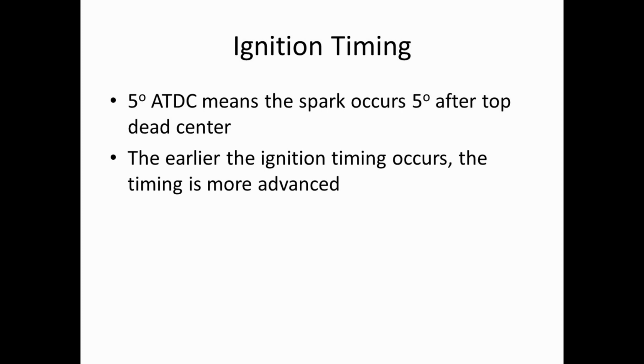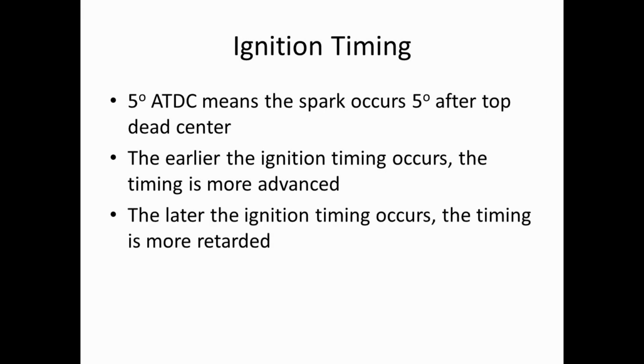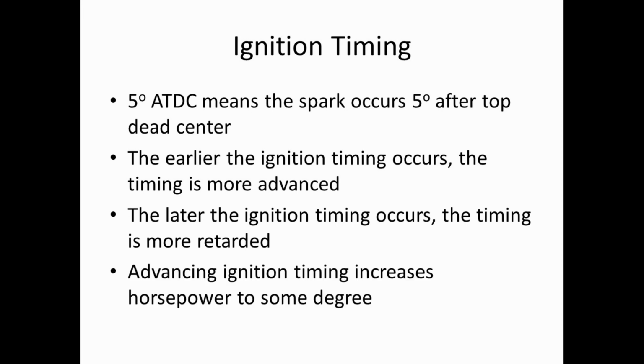The earlier the spark occurs, the more advanced the timing is considered. As it occurs later, the timing is more retarded. Advancing the ignition timing does increase horsepower to some degree.